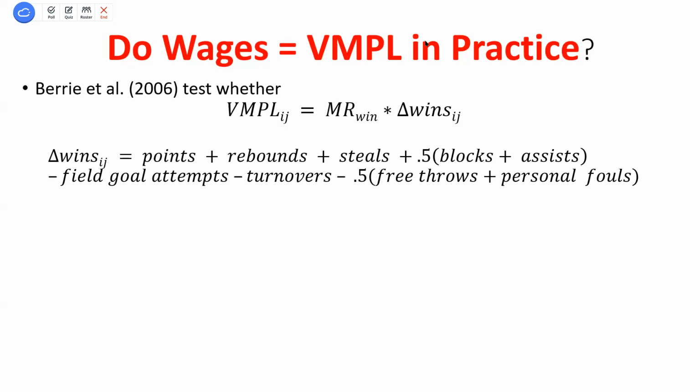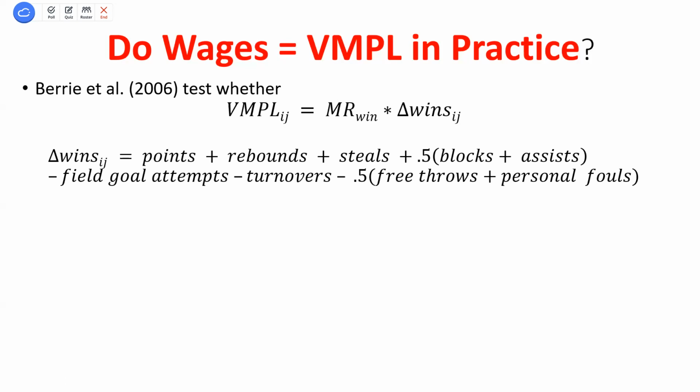What this paper does is estimate what change in wins is coming from every player. It has all this data on player performance, like points per game, rebounds per game, steals per game.